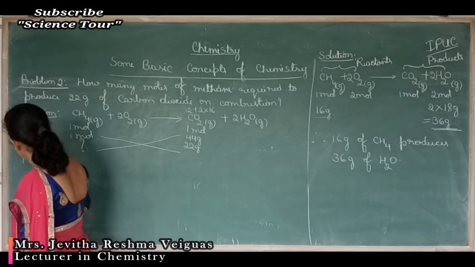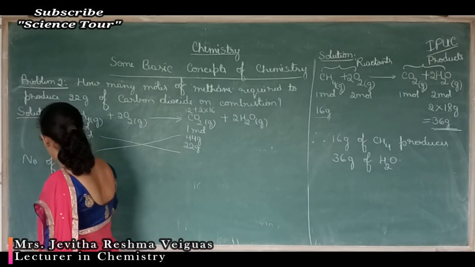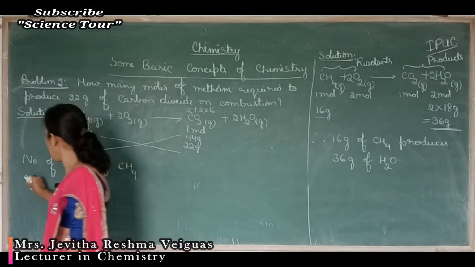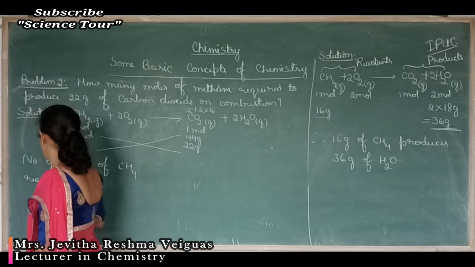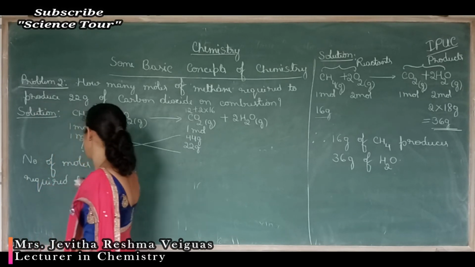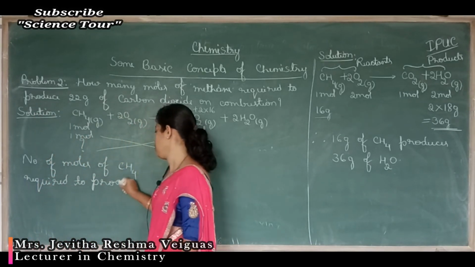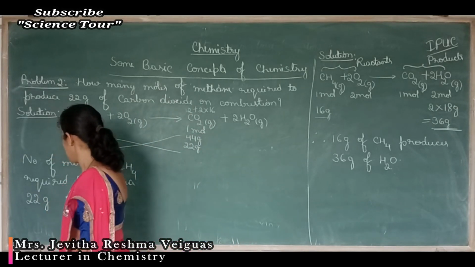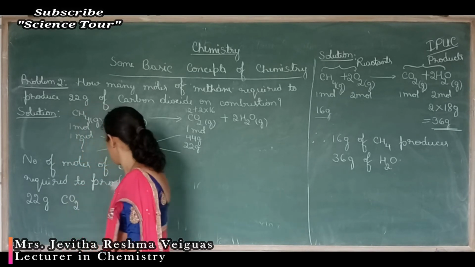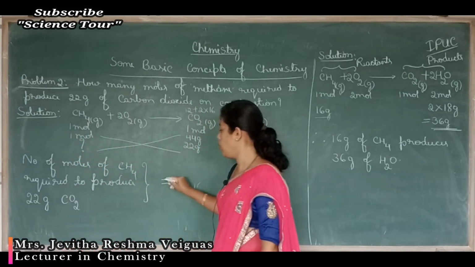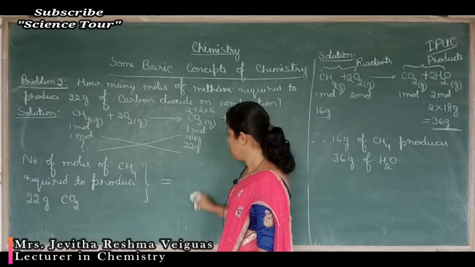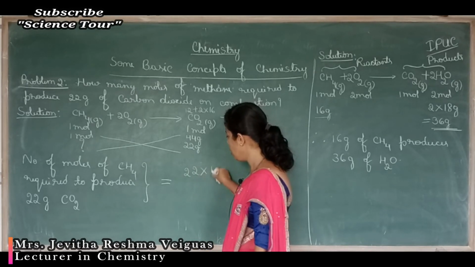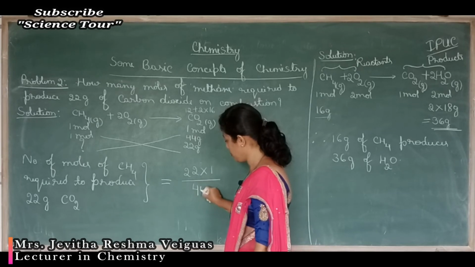So number of moles of methane required to produce 22 gram carbon dioxide is equal to 22 into 1 divided by 44.